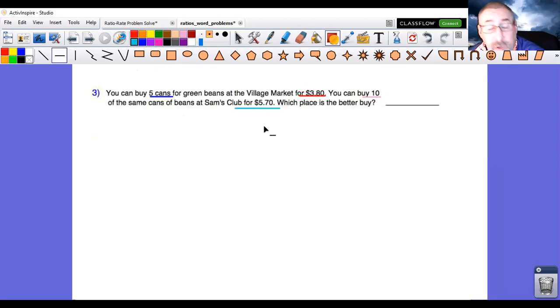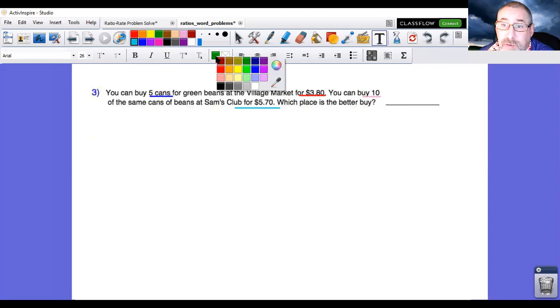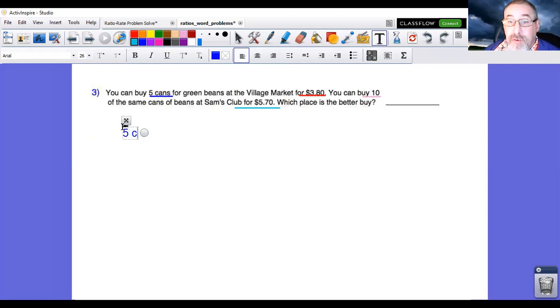We need to know which one is the best price. So the first thing we're going to do is set up our ratios. We're going to figure out which one has the better unit rate, and then compare the two.